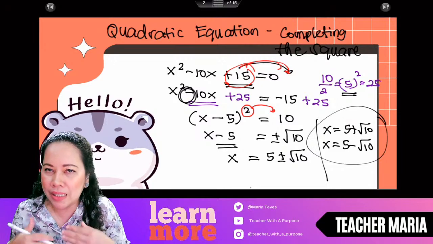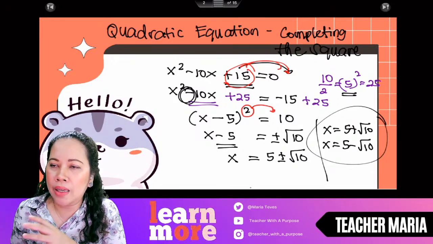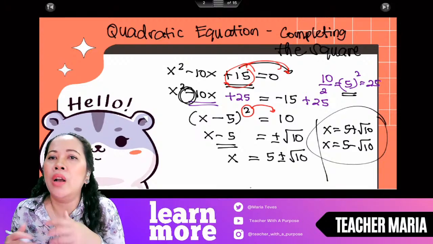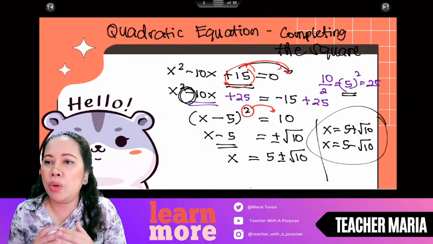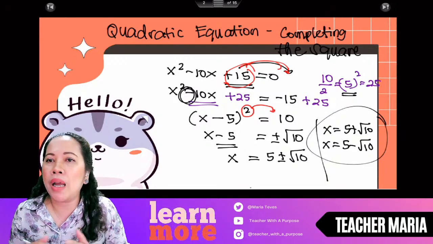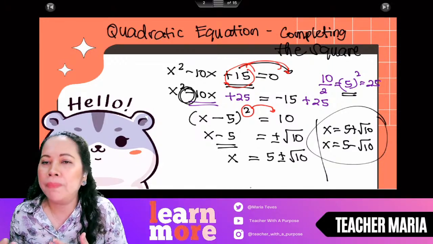So again, the first step is you transfer the third term to the right side of the equation. Find the perfect square number that will complete your trinomial by dividing your middle term by 2 and then squaring it.